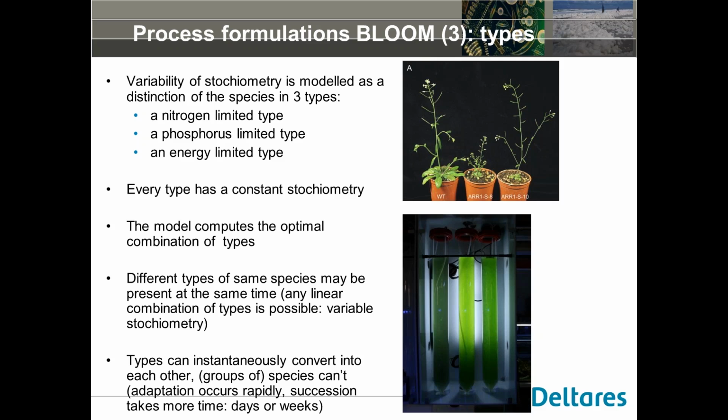Every type has a constant stoichiometry, and the model computes the optimum combination of the types. Different types of the same species may be present at the same time, and any linear combination of types is possible, so there is variable stoichiometry. Types can instantaneously convert into each other, but groups of species can't. So adaptation occurs rapidly, but succession, the replacement of one species by another, takes much more time. It takes days or even weeks.